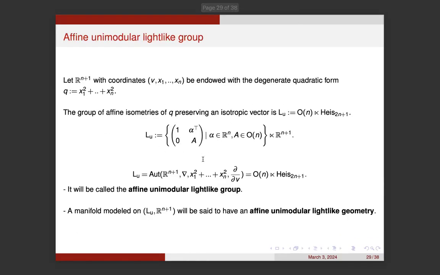So this is exactly the automorphism group of this structure.